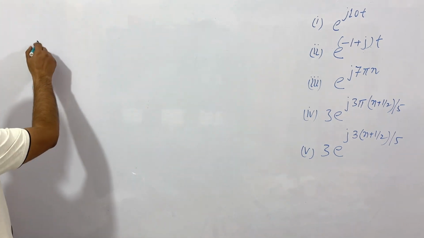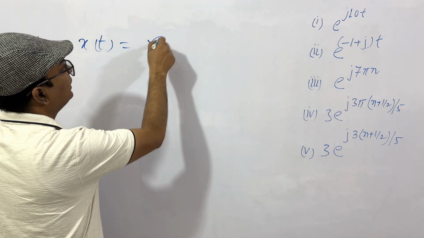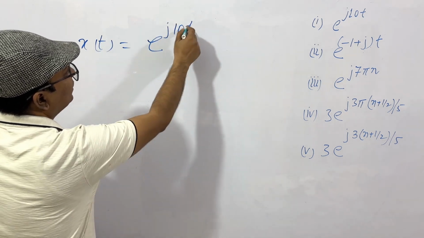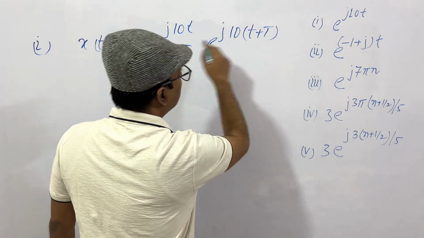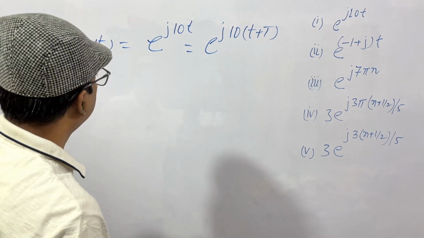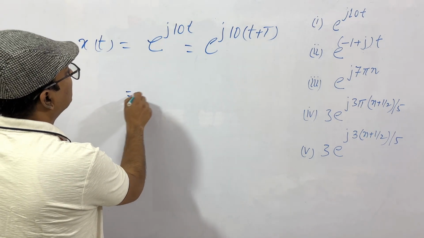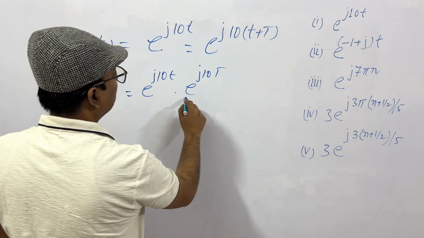The first question is, our x(t), a continuous time signal, is e to the power j10t. So we can expand it like this, e to the power j10(t plus T). I can directly also find the value, but every time I'll be doing it from scratch so that it goes into your mind. So this is e to the power j10t into e to the power j10 capital T. Now this has to be equal to 1.